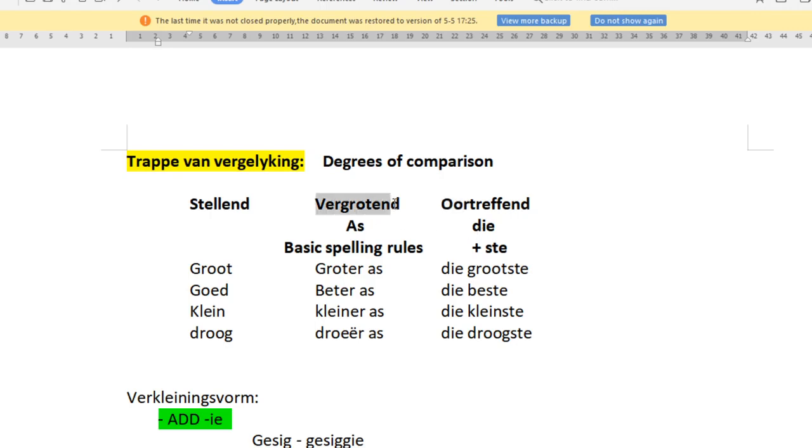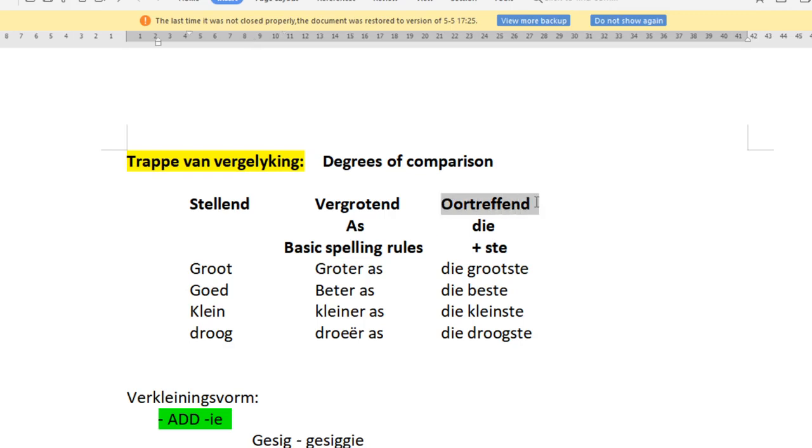Okay, die vergrotende trap, we use er as, and the basic spelling rules. So the basic spelling rules are, if we're adding an E, we take away a double vowel, or we take away G's, we take away D's. All the general spelling rules that you've learned with meervoud and verkleinwoorde and all of that.